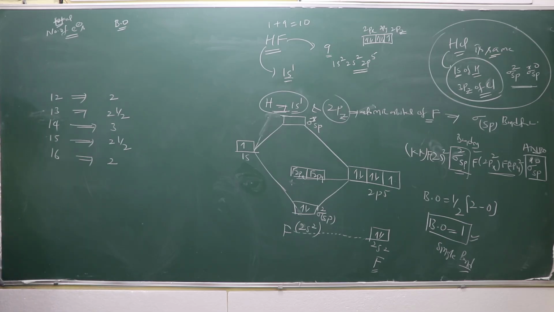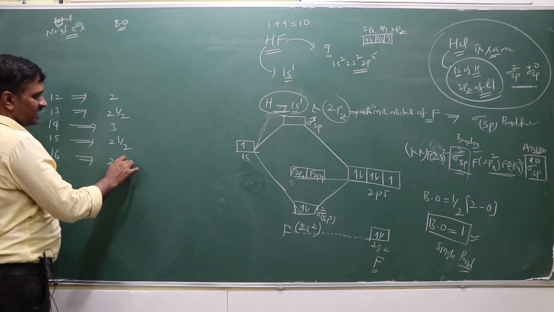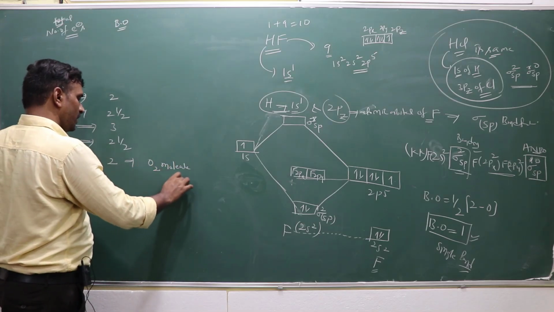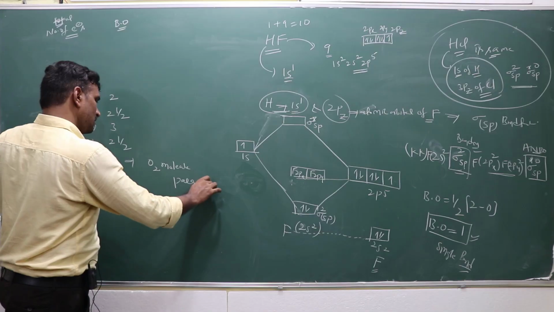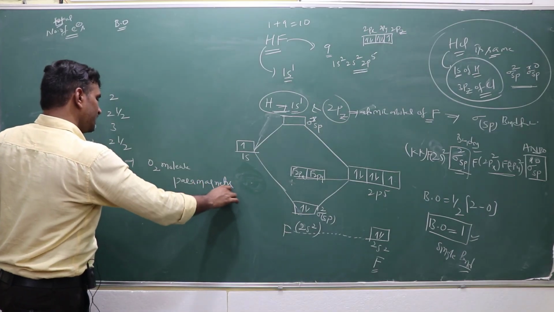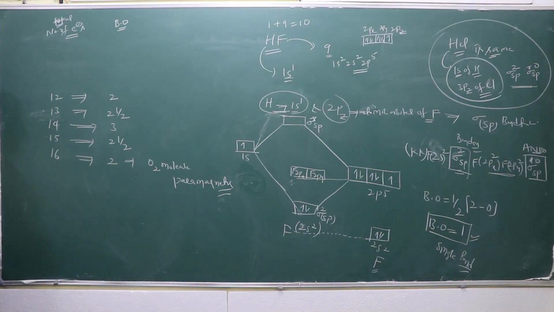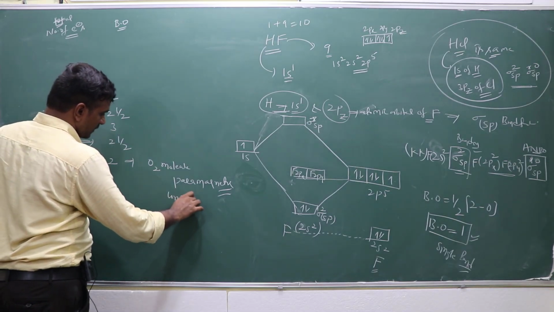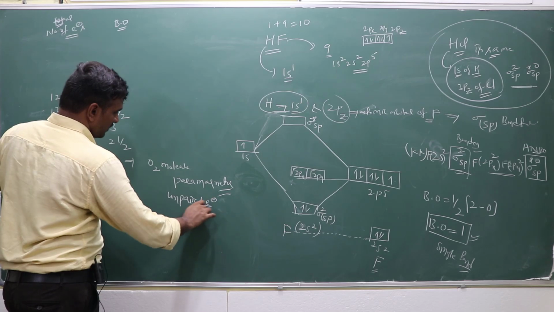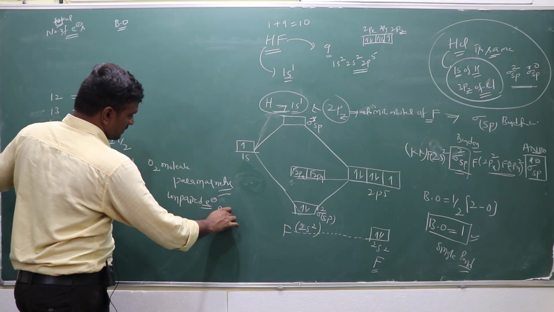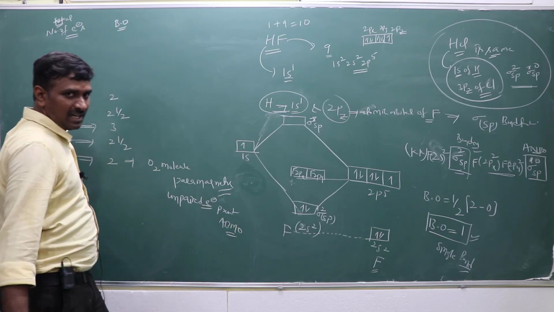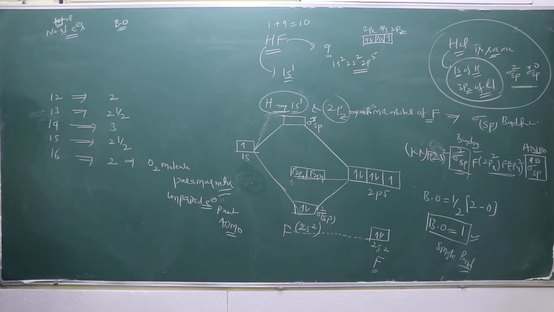Although the bond order is 2, in the case of the O2 molecule it is paramagnetic. Why? Because the unpaired electron is present in the antibonding molecular orbital. Only one electron is there, not paired.